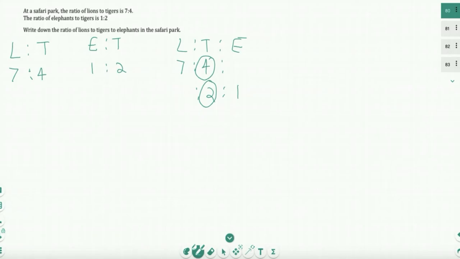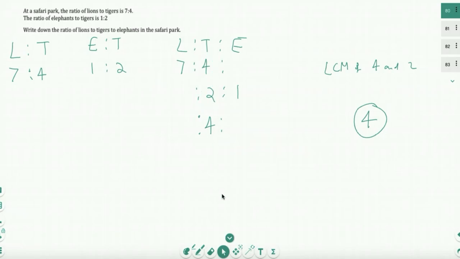What we're going to do, guys, really straightforward, is find the lowest common multiple of 4 and 2. So what's the first number that appears in both the 4 times table and the 2 times table? Well, it's easily 4. So we want our tiger unit to be 4.